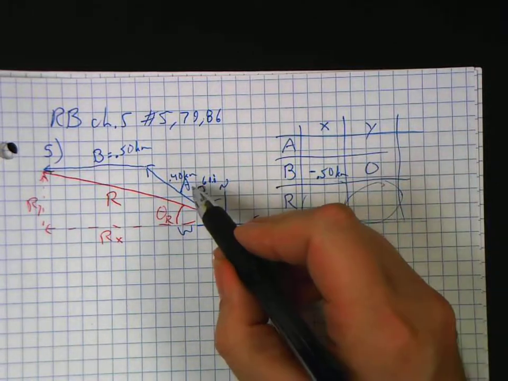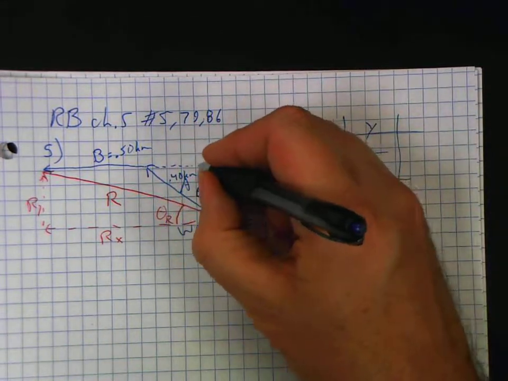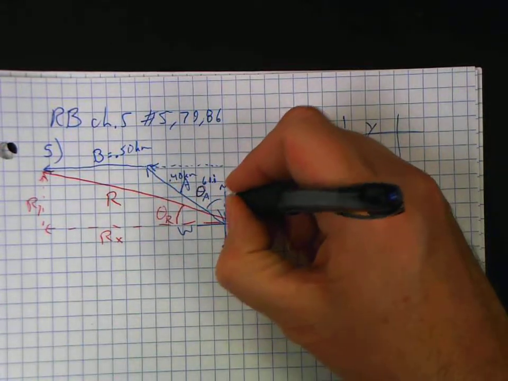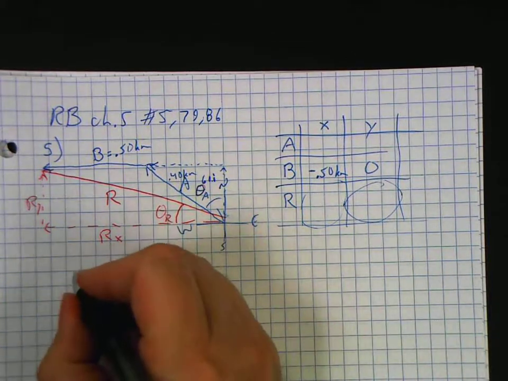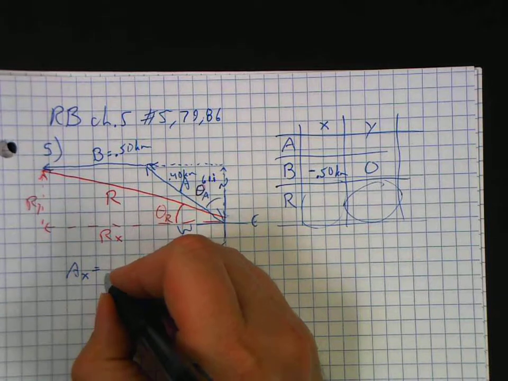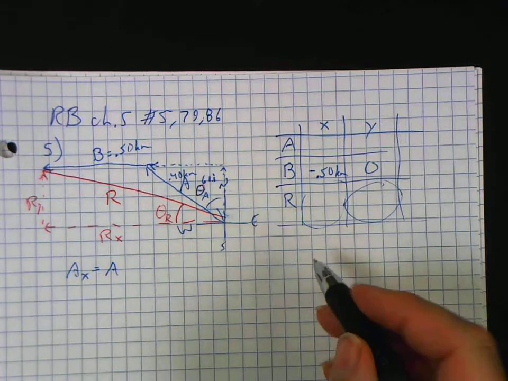Now, we need to find the X component of vector A, and we need to find the Y component of vector A. All right. A sub X is going to be the full length of A times either the sine or cosine.